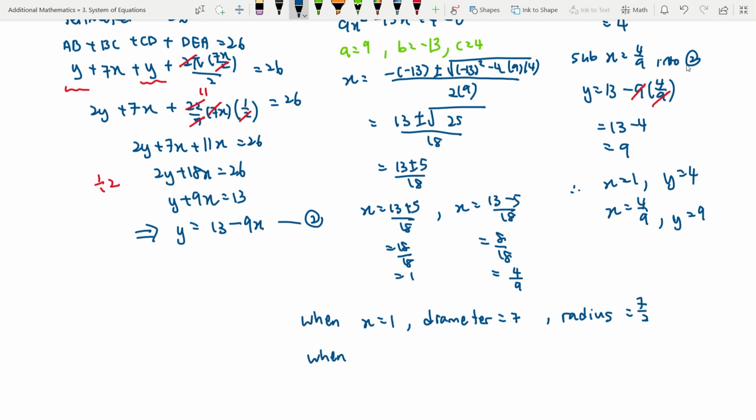When x is equal to 4 over 9, the diameter is 28 over 9 and the radius will be 14 over 9.